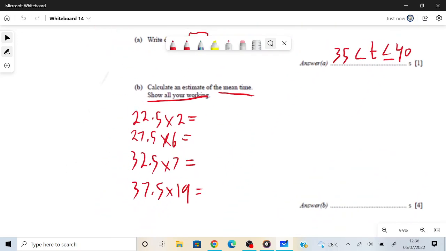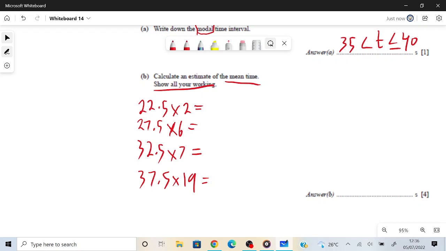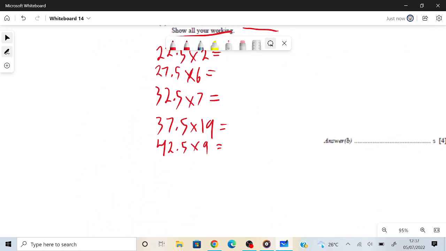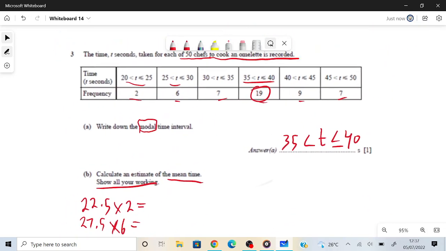Next is 40 to 45, mid value is 42.5, and you times it by 9, because that is the corresponding frequency. And then we have 45 to 50, and the mid value of that is 47.5, and you times it by 7 because that is the corresponding frequency for that class width.